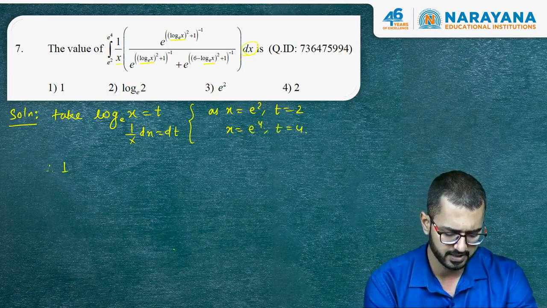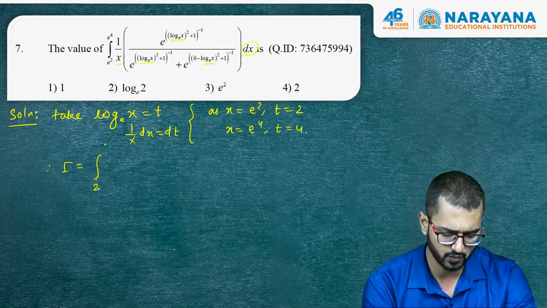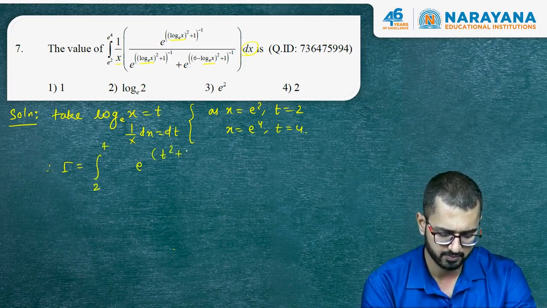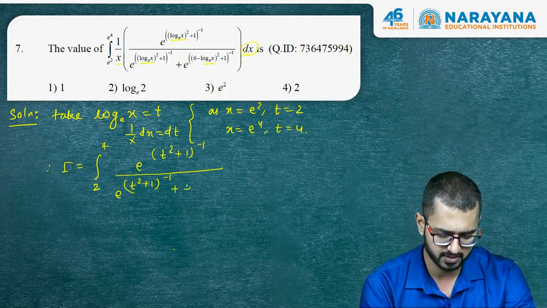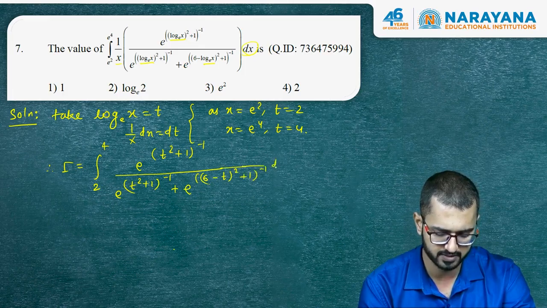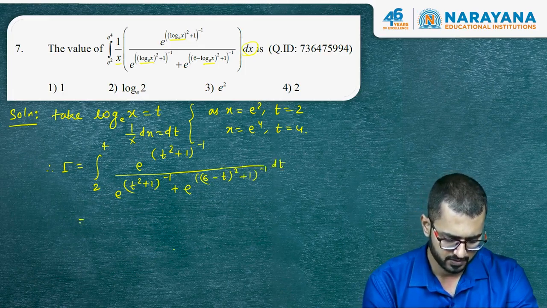So now my integration becomes the integral from 2 to 4 of e to the power t square plus 1, the whole inverse, over e to the power t square plus 1, the whole inverse, plus e to the power 6 minus t the whole square plus 1, the whole inverse. That's what we have. So we'll again apply the property.